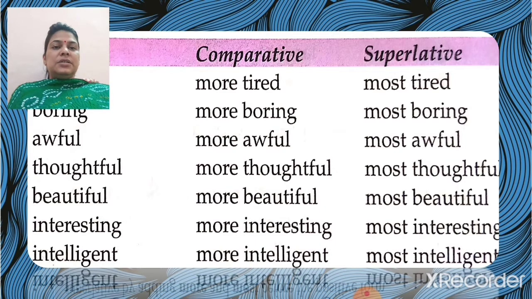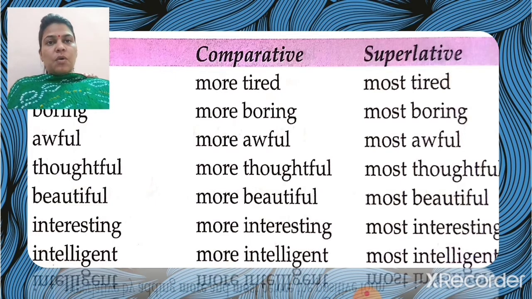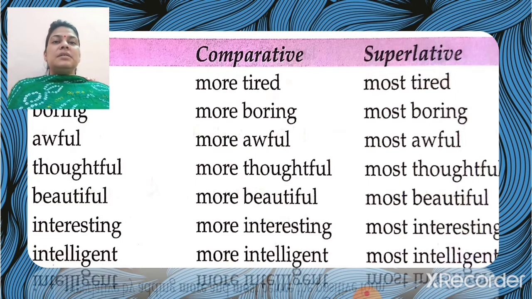He is intelligent, then she is more intelligent than him, and you can say that this person is the most intelligent of all in the class. In this way, we can see various degrees of comparison in terms of adjectives. Revise this much from your book, students, and then we are going to continue.